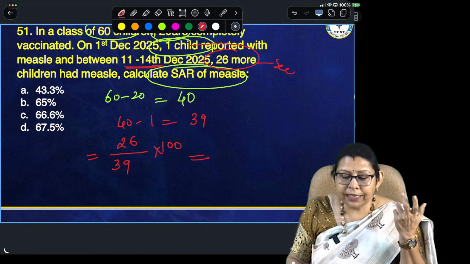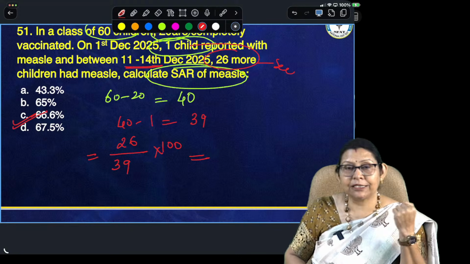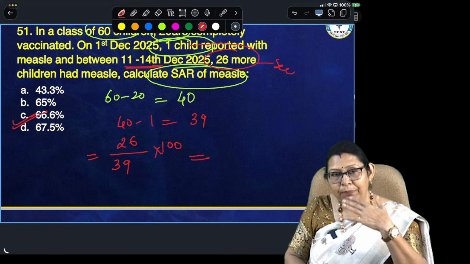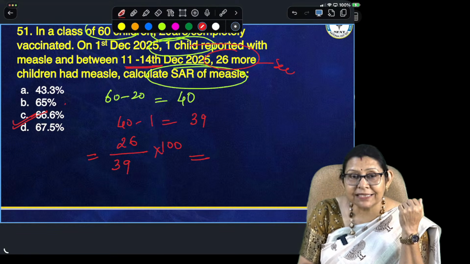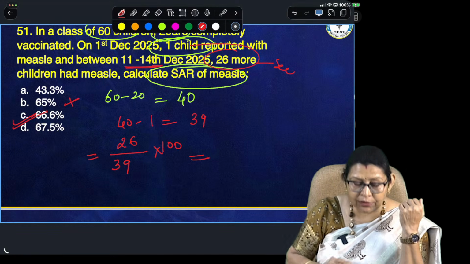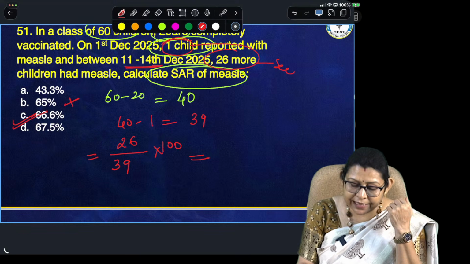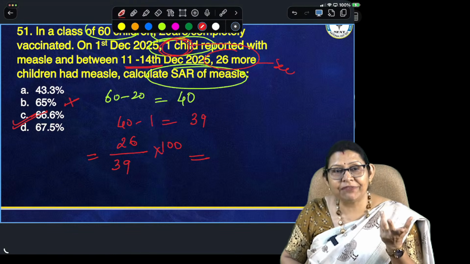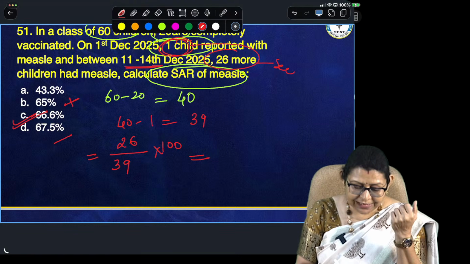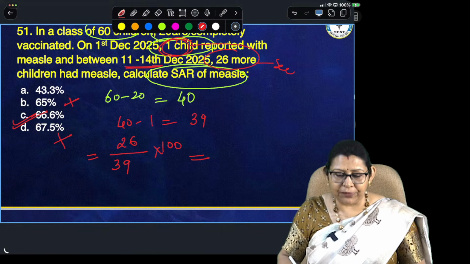And you all had started answering quite correct. It is 66.6%. अगर आपने यहाँ पे 40 लिया, your answer will be 66%. This is wrong. ठीक है, अगर आपने ये जो फर्स्ट केस है इसको भी यहाँ पे इंक्लूड कर लिया 26 में 27 लिया, your answer will be 67.5. This is also a wrong answer. ठीक है, so be very careful.